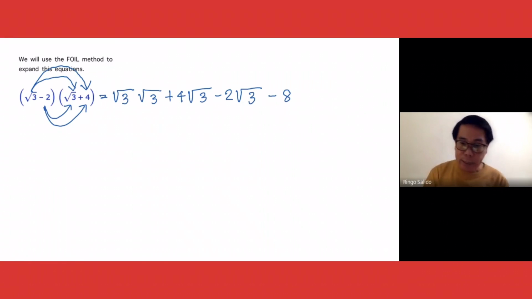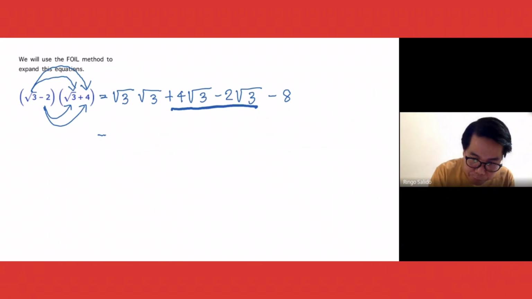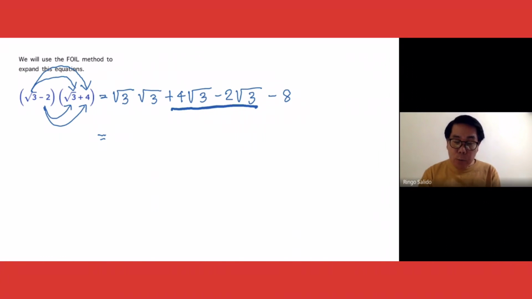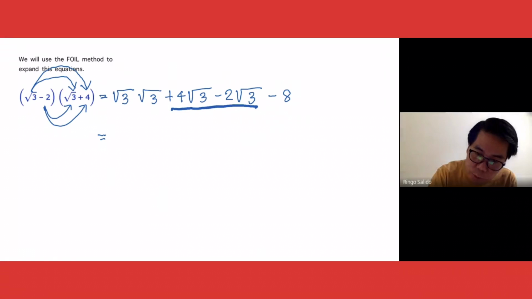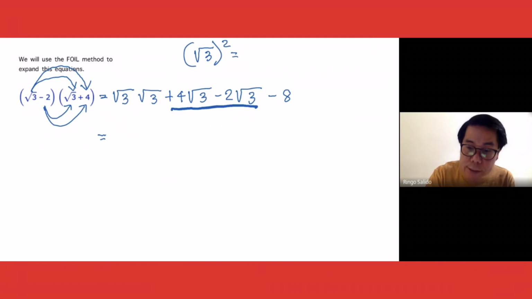Then let's tidy up. We can see that these two here are like terms. We learned in our previous lesson that root of 3 squared will give us the original number 3.